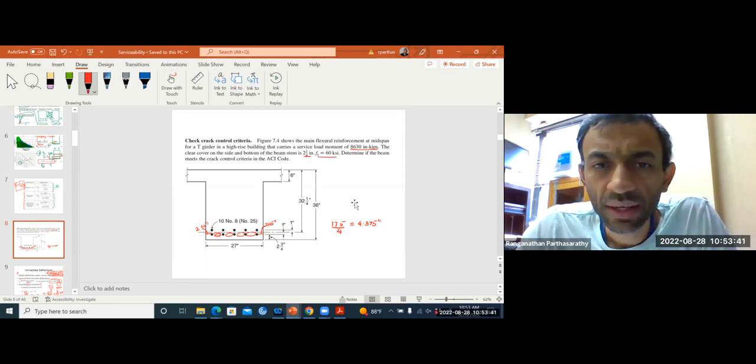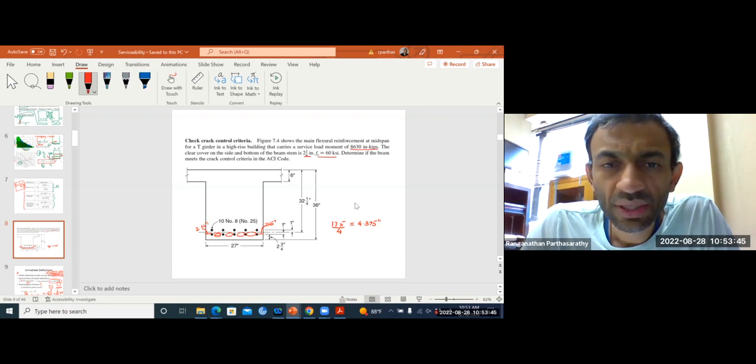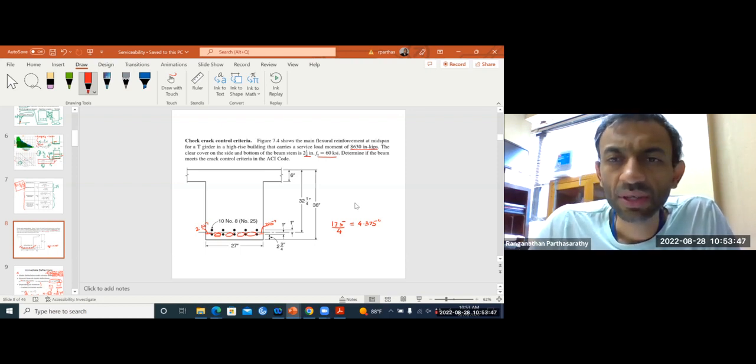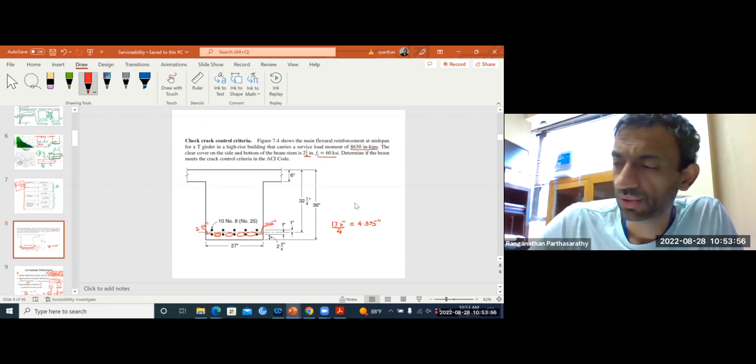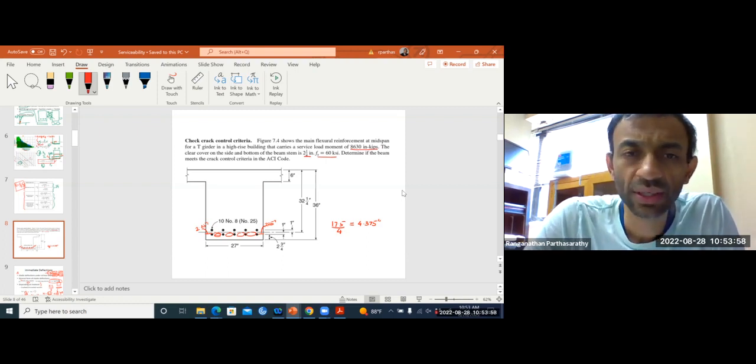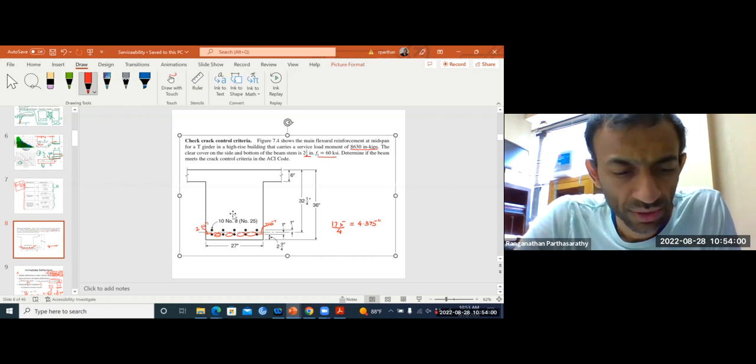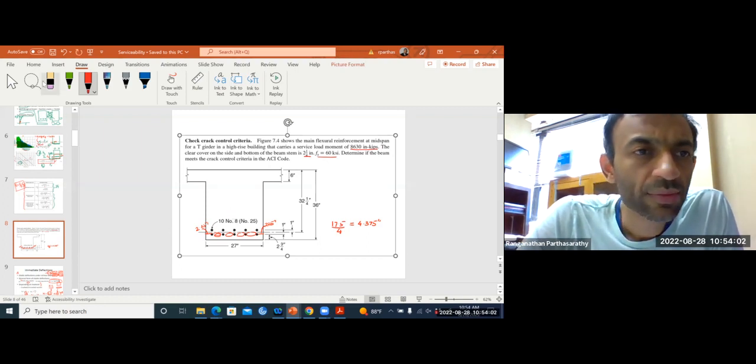You have a service load moment of 8,630 inch-kips. So for this service load moment, what is your Fs, the stress in the tension steel? So let's calculate that.